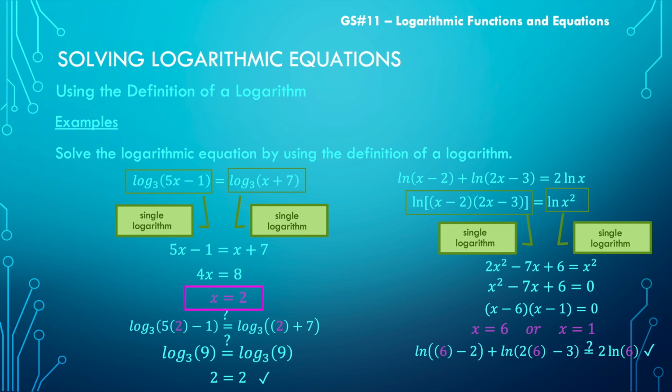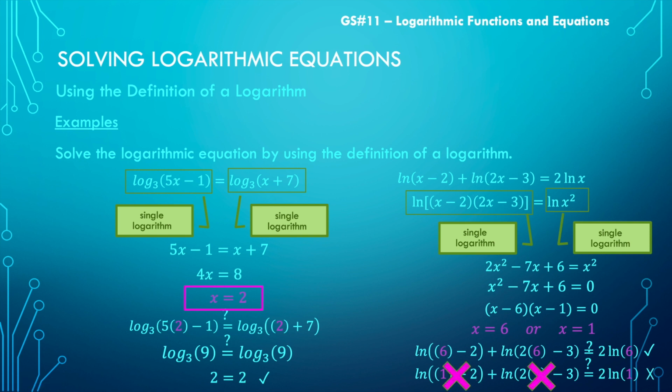Let's try the 1. If I sub in a 1 there, I've got ln of (1 minus 2) plus ln of (2 times 1 minus 3) is equal to 2 times ln of 1. Now, if I combine these and simplify the argument here, I've got ln of negative 1. That's a problem because I can't take the ln of negative 1.